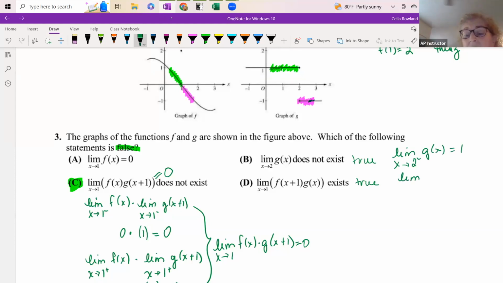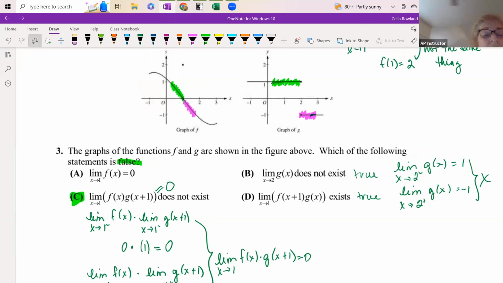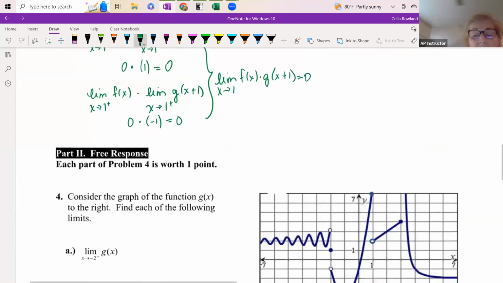If I take the limit as x goes to 2 from the right of g of x, this is -1. So the limit does not exist because they're not the same. The limit as x goes to 1 of f of x, that's 0. So we actually showed that already, looking at the diagram. And then we had this one.